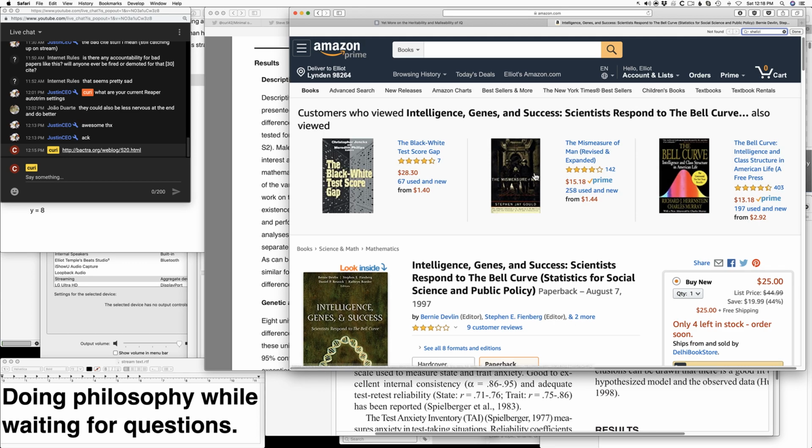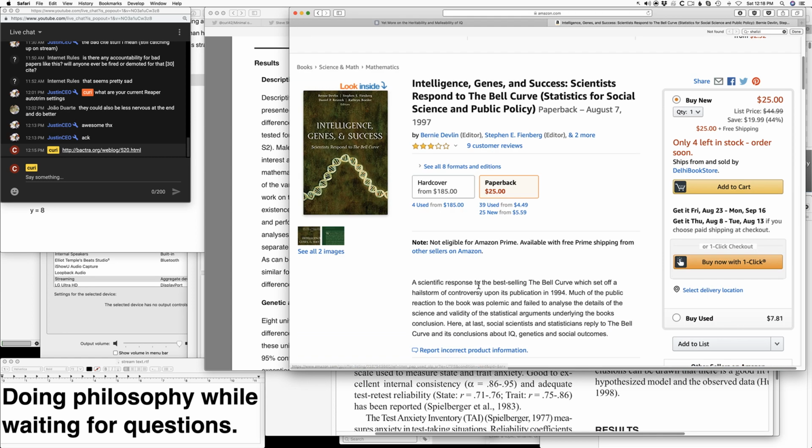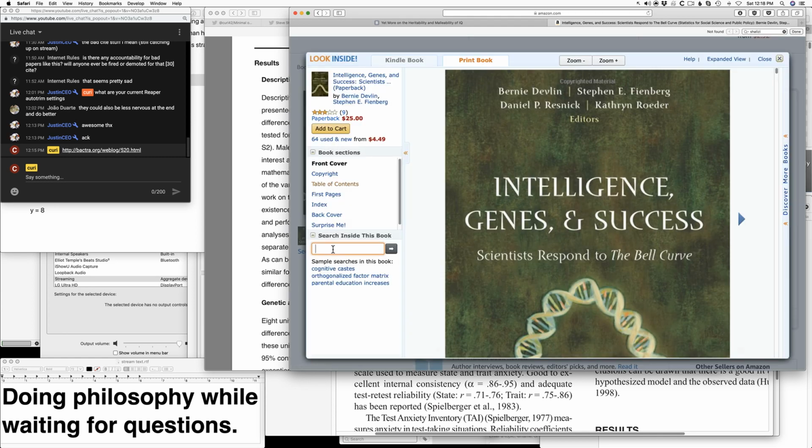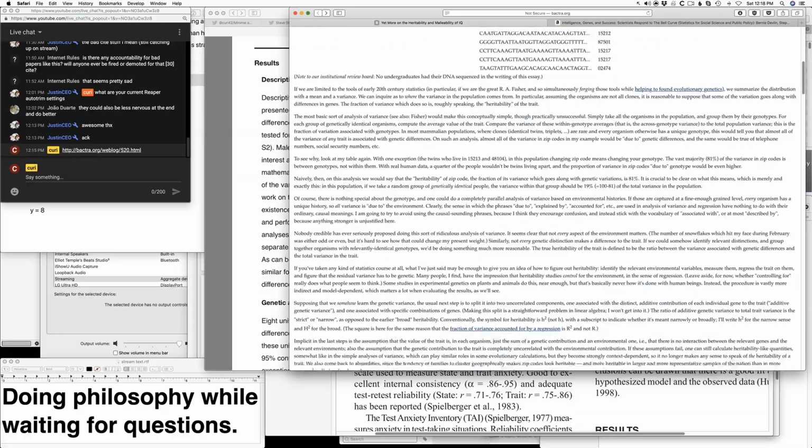Wait, is this the right book? Intelligence leads to success. Scientists respond to The Bell Curve. Yeah, it's the right book. What? I didn't see him in the table of contents. There was a chapter that didn't say a name. Shalizi, 0 hits. Is that how you spell it?